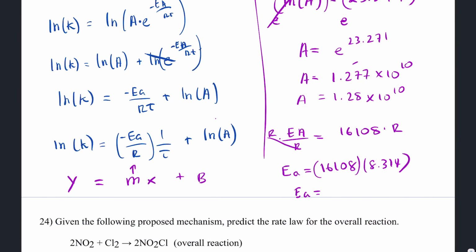Let's divide that by 1,000. We have a total value of 133.922 kilojoules per mole. I'm going to round this to 3 significant figures, as the question demanded. So EA equals 134 kilojoules per mole.